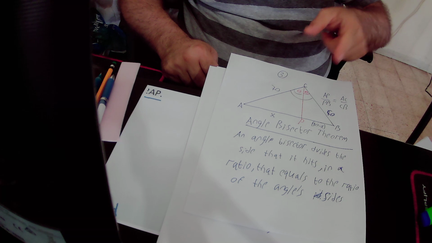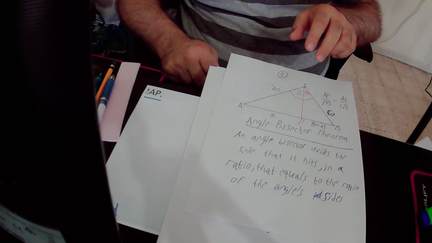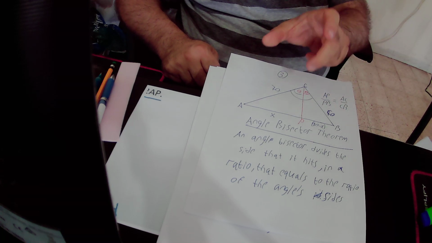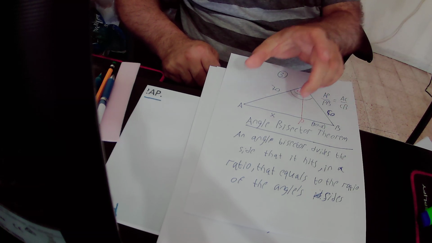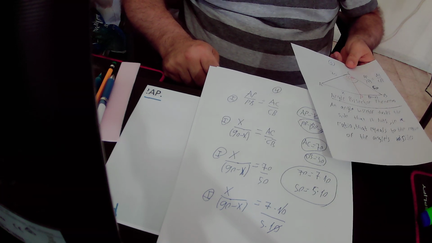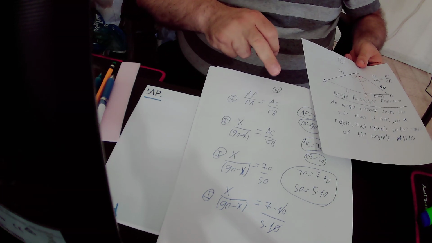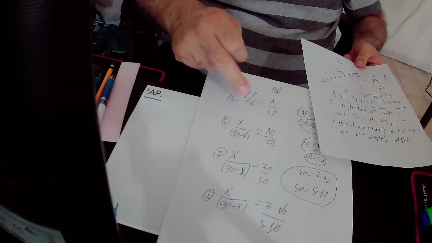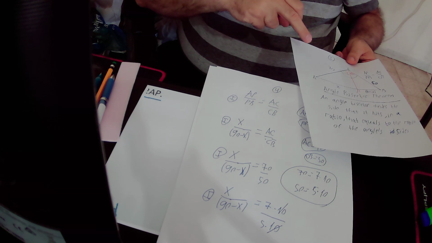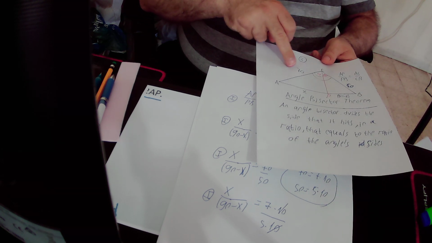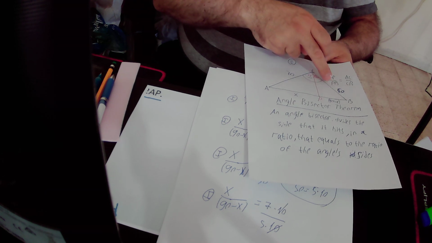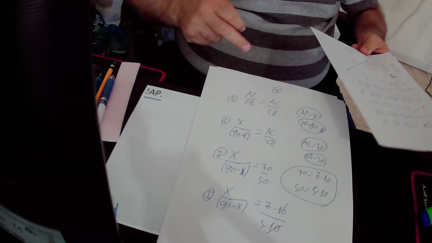and PB equals to 90 minus X, because AB is 90 units, so PB equals to AB minus AP, that is to say 90 minus X, and so we can substitute AP by X and BP by 90 minus X, and also we can substitute AC by 70 because AC equals to 70 units, and BC by 50 because BC equals to 50 units.